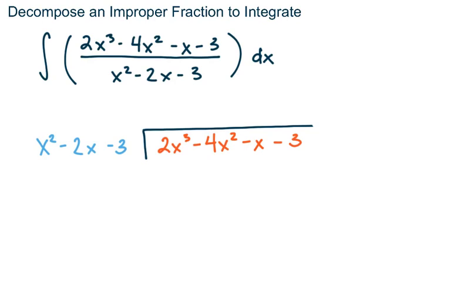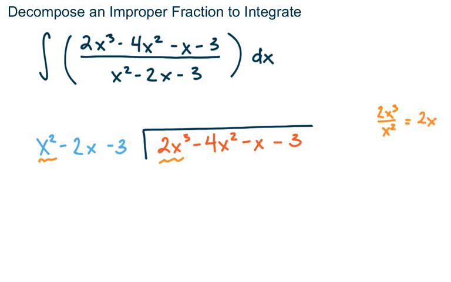But if I was missing one of those terms, I might need to have a 0 placeholder in that position for that value. So when we're doing long division, we say, well, how many times does x squared go into 2x cubed? So I'll say 2x cubed over x squared.